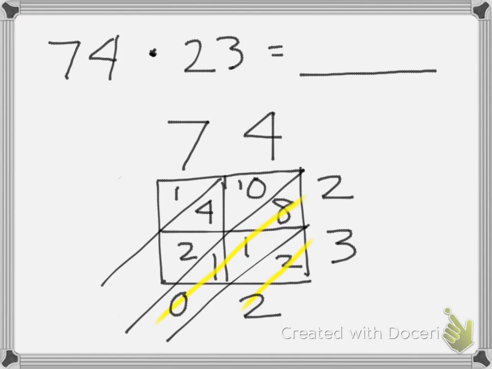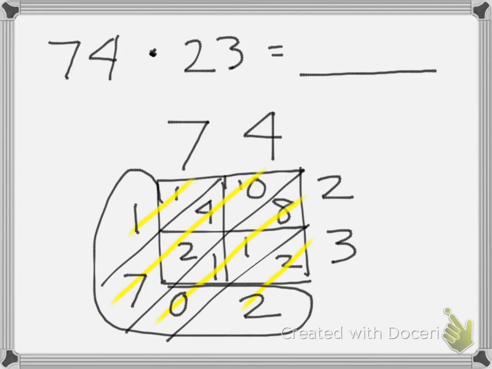That does not turn into 10, by the way, it's just 1 plus 0 plus 4 plus 2. And we get 7. 1 plus nothing is 1. And this is what we're left with. 1,702. 74 times 23 equals 1,702.